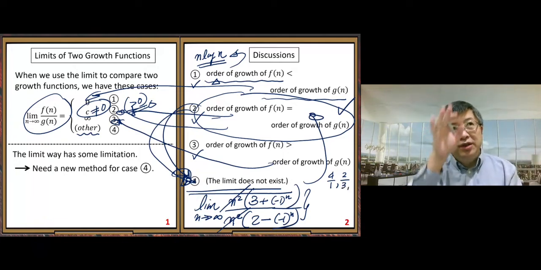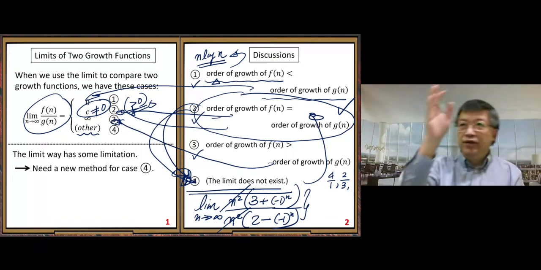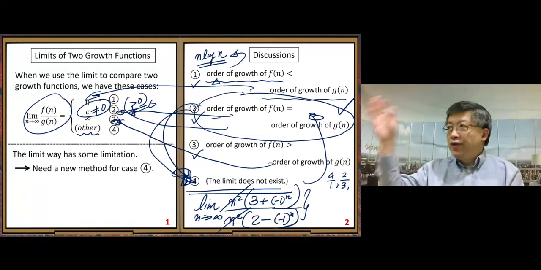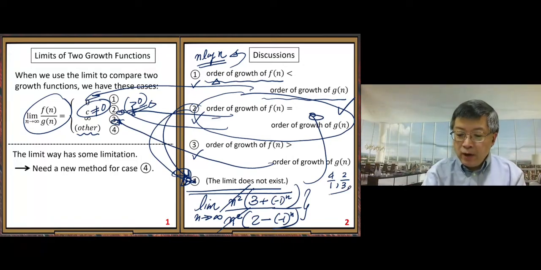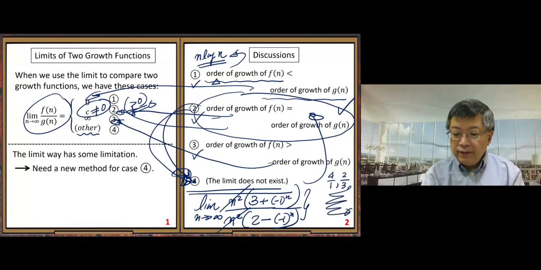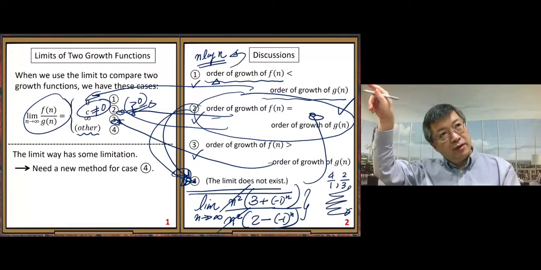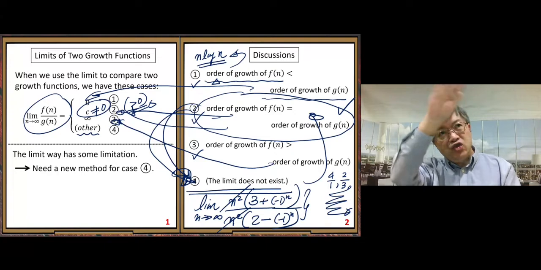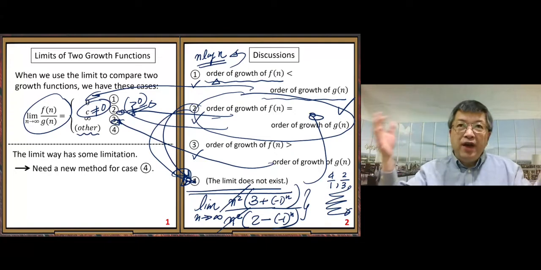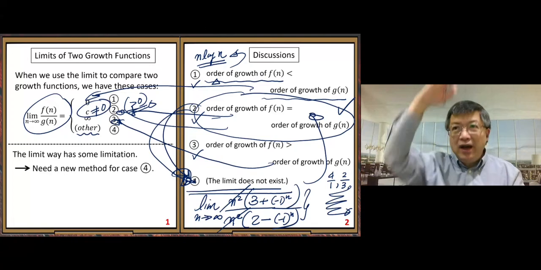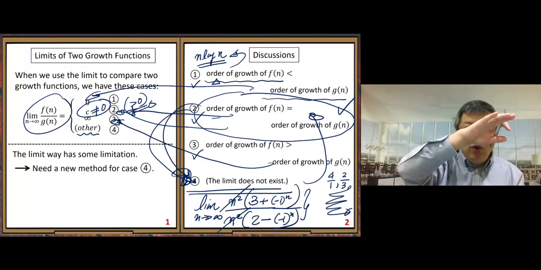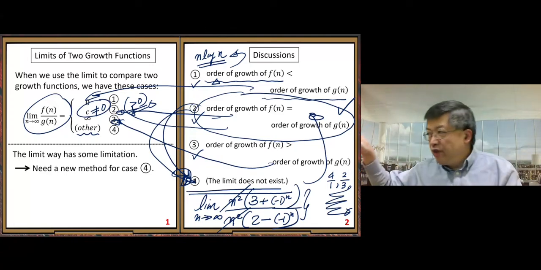Alternatively, you see two numbers, 4/1 and 2/3. This pattern alternates to infinity. Is there a limit? No limit, right? Up and down.